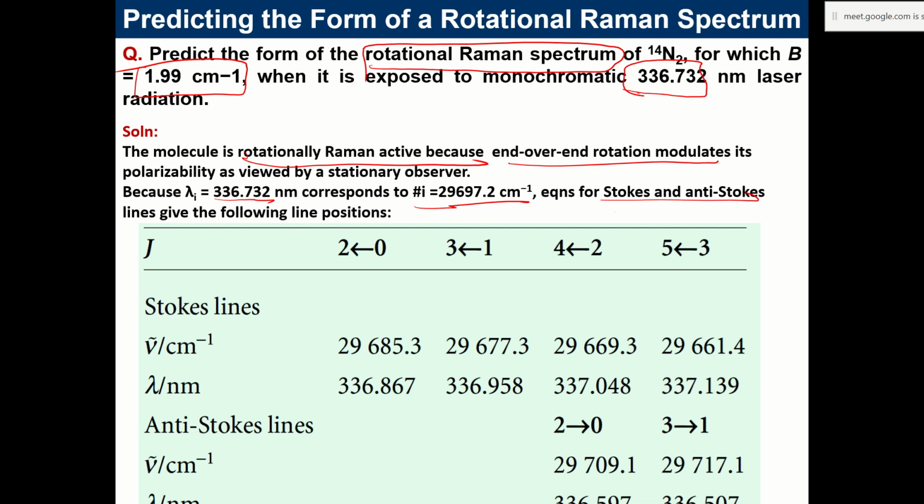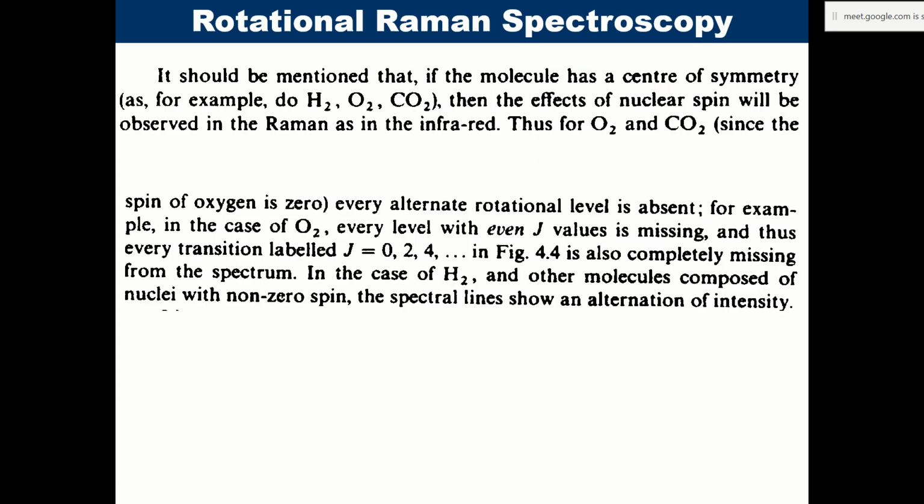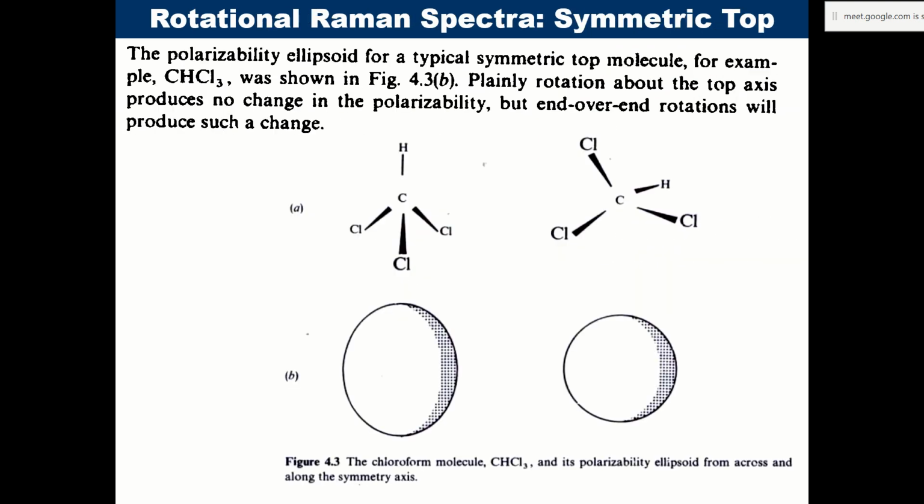You can calculate the Stokes line that will appear with decrease in energy for transitions 0 to 2, 1 to 3, 2 to 4, and so on, and in a similar fashion you can calculate the anti-Stokes lines. Anti-Stokes lines will be in the reverse order, 2 to 0, 3 to 1. So this is how you can calculate, given the situation.